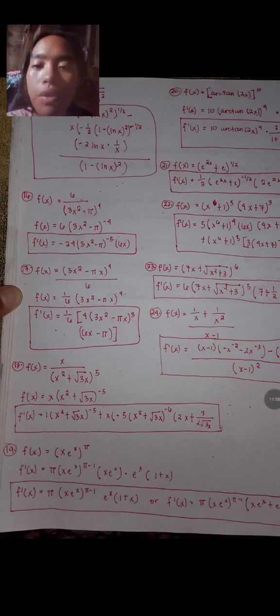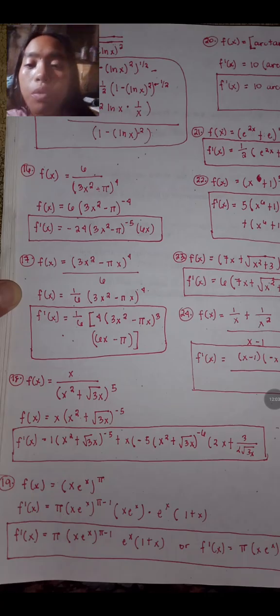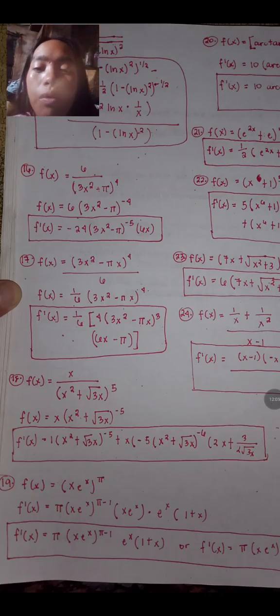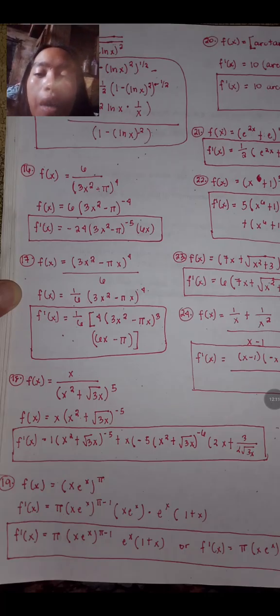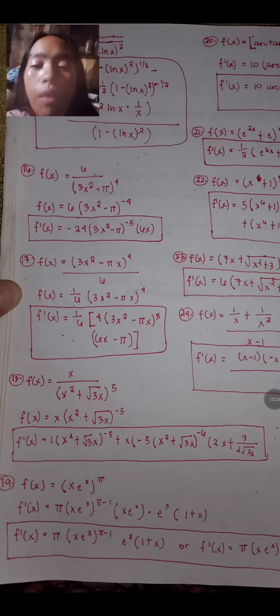Then we have number 16. F of x is equal to 6 over the quantity of 3x squared minus pi to the 4th power. We can change this into a simpler form, where we move our denominator and combine it with our numerator but make our exponent negative.